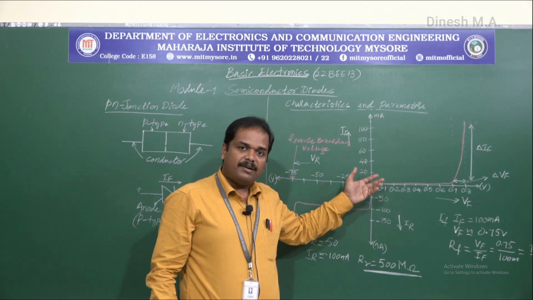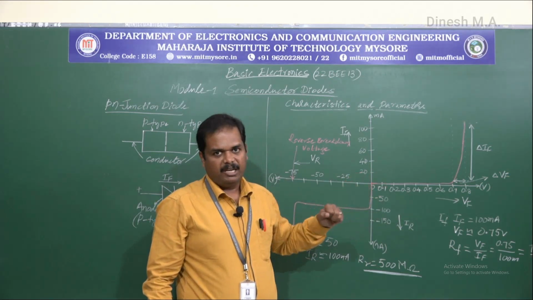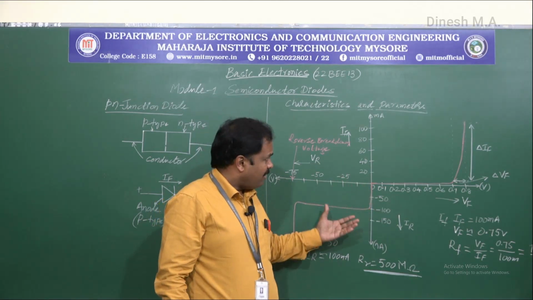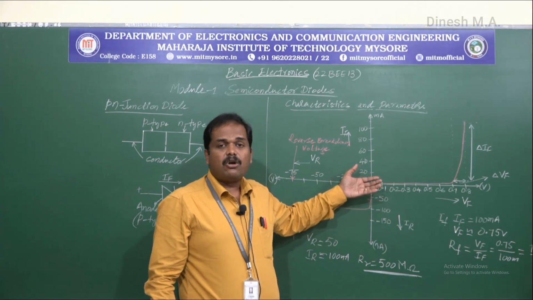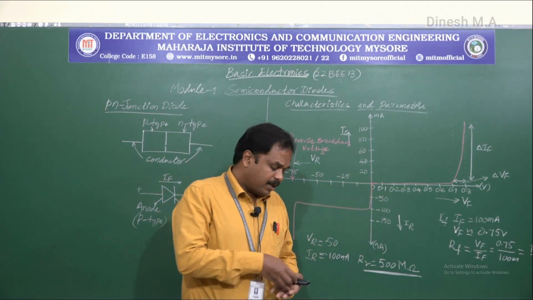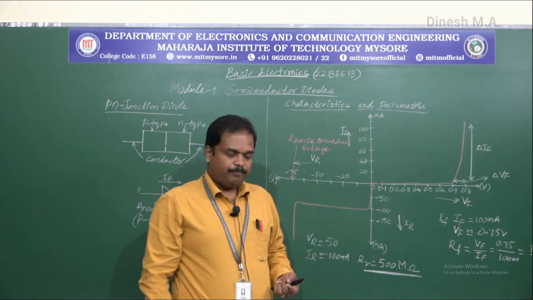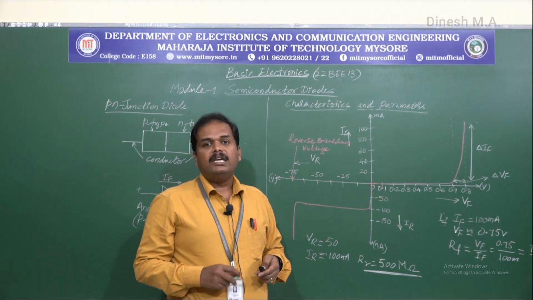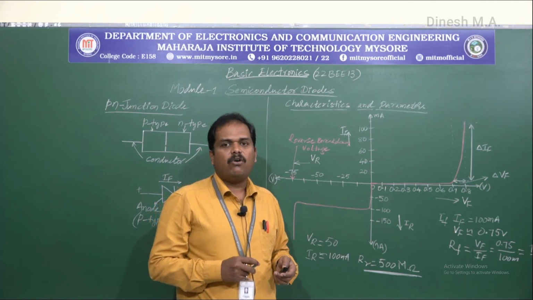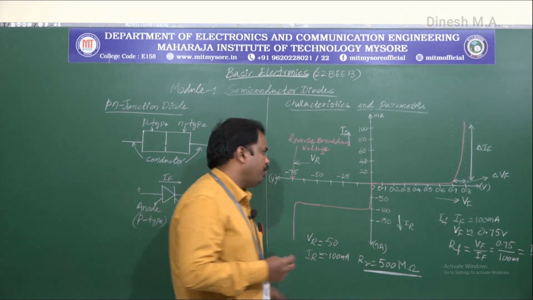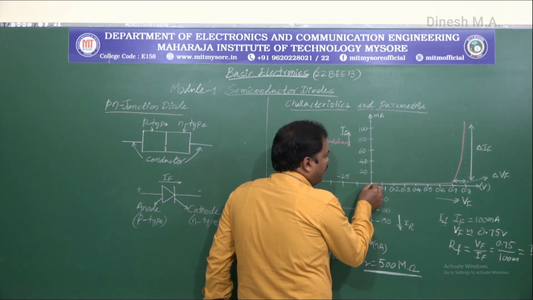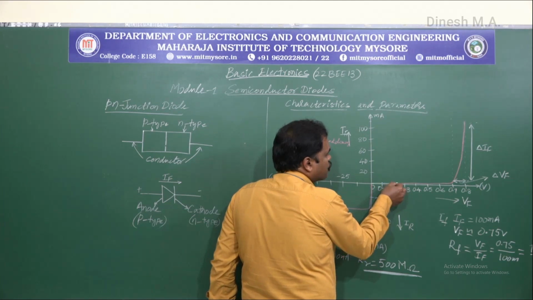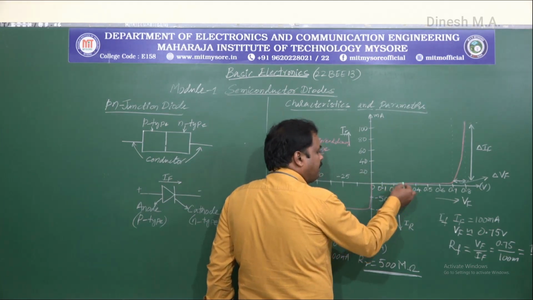Now another type of semiconductor diode available is germanium, where the characteristic of the germanium diode is similar to the characteristic of a silicon diode, but the values will vary. Now when a germanium diode is forward biased, because the knee voltage or cut-in voltage of a germanium diode is 0.3 volts, the forward current would be almost zero till the forward voltage crosses 0.3 volts.